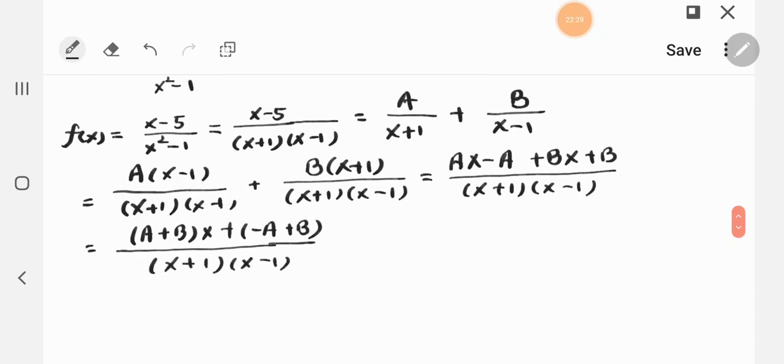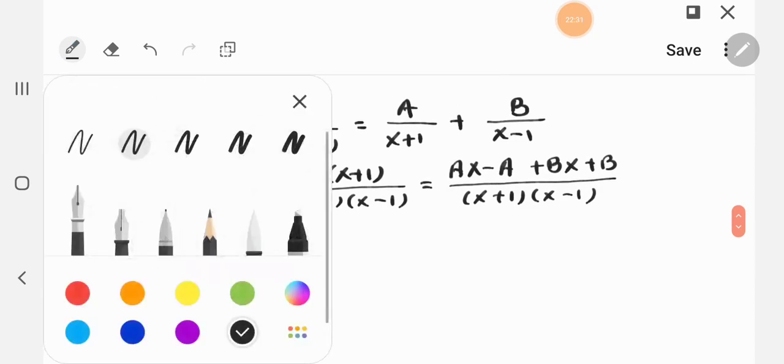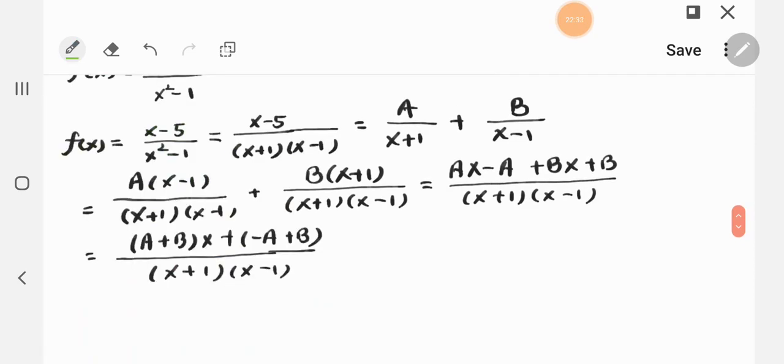Okay, so let's compare this. So here, this means 1x minus 5. So the coefficient of x, a plus b, should be equal to 1, and this constant should be equal to negative 5.